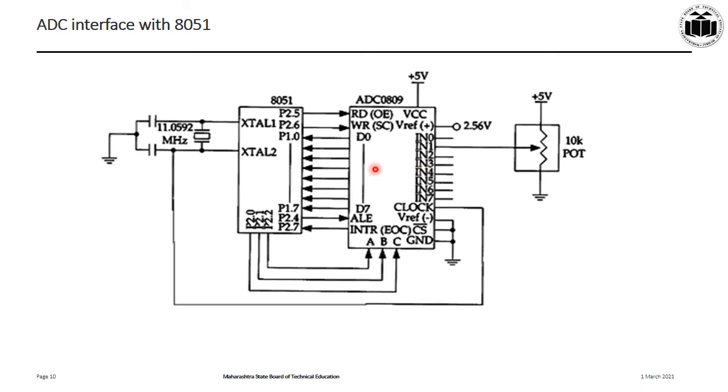This is the ADC, which has input lines from IN0 to IN7, and IN1 is connected to an input signal. In this case it is a pot. The selection of which input line is done using ABC, and ABC are connected to port pins 2.2, 2.1 and 2.0 respectively.